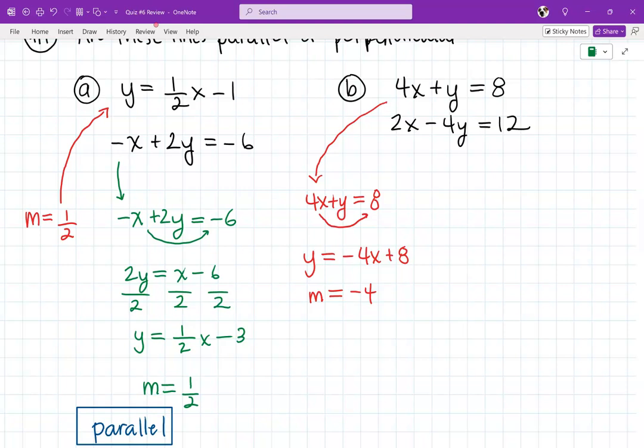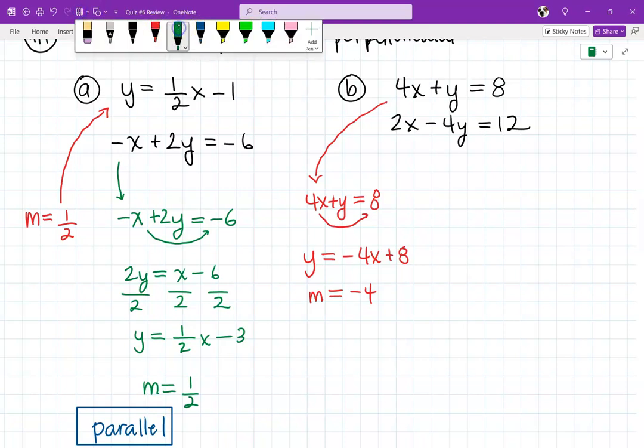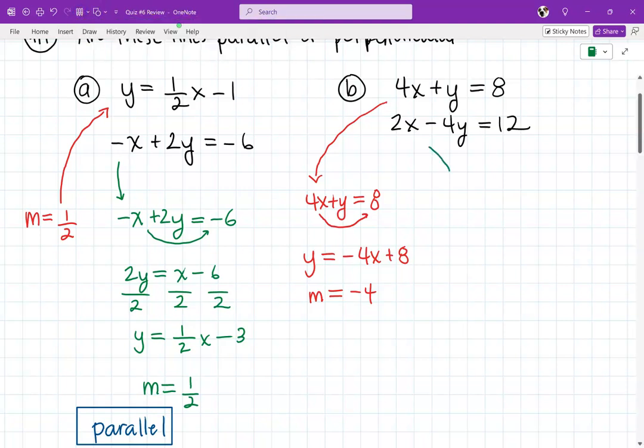What would it have to be? Opposite and reciprocal. So it should be 1 over 4, right? We're looking for 1 over 4. So let's see. Let's do the next one. And if it's not any one of those, then it's neither. All right. So I'm going to subtract the 2x over here. So I get negative 4y is equal to negative 2x minus 12.